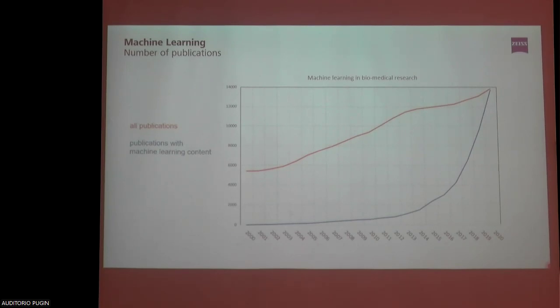Because what we actually see is that when we take a look at all publications that are being released and correlate that to publications where to a certain extent machine learning or artificial intelligence technologies were used, these two curves are strongly converging. There is more than half of the publications where we already have machine learning and/or artificial intelligence included.